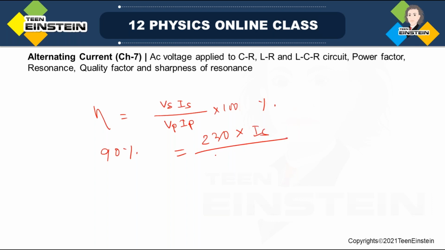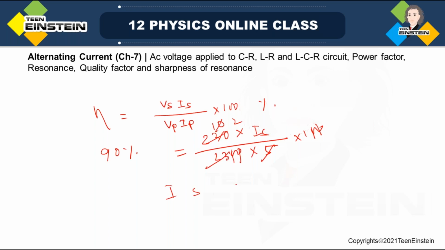Input voltage is given as this, and IP is given as 5, along with the 100 multiplied. So let me strike this, let this be 10, this be 2.